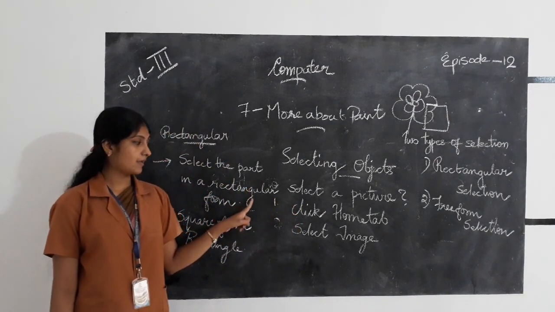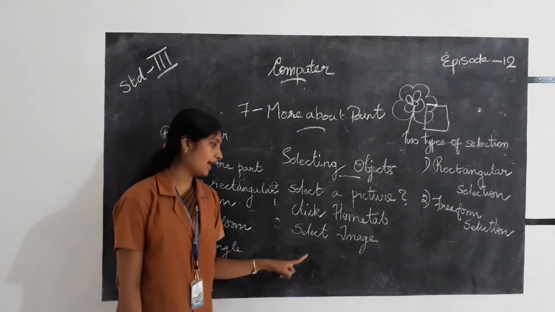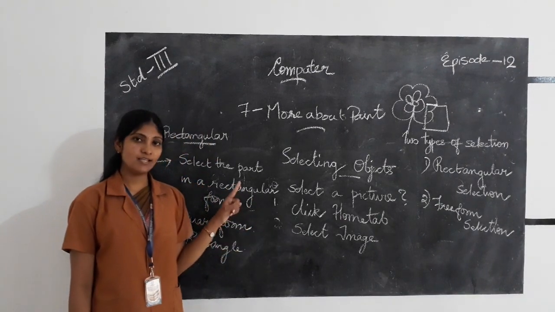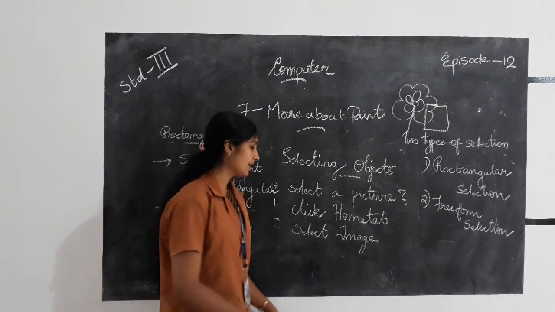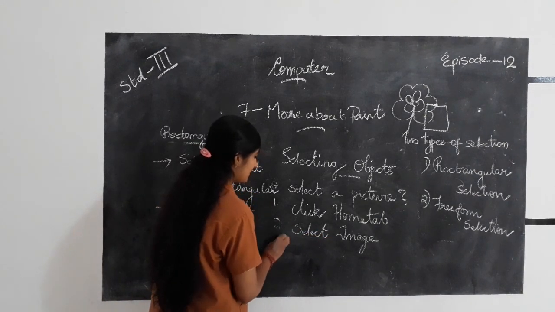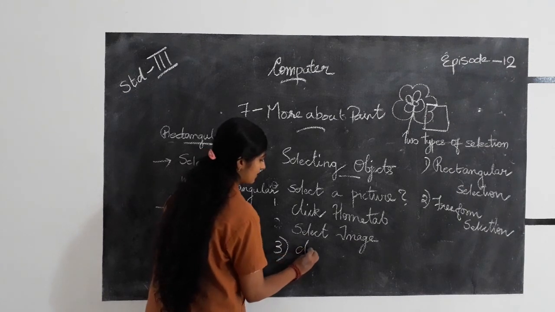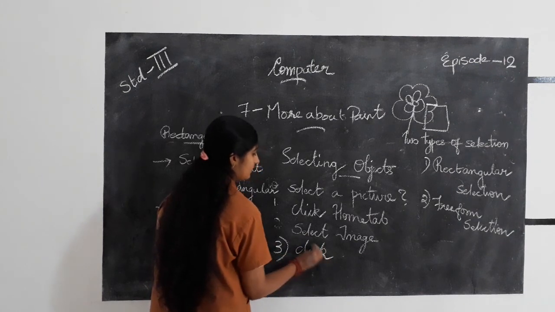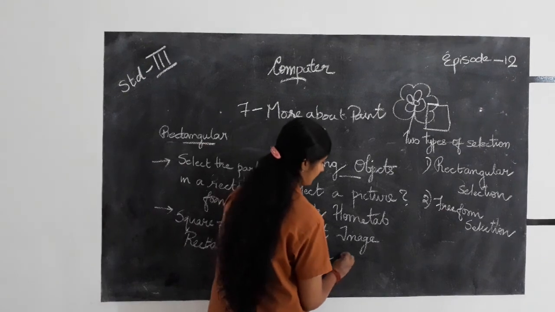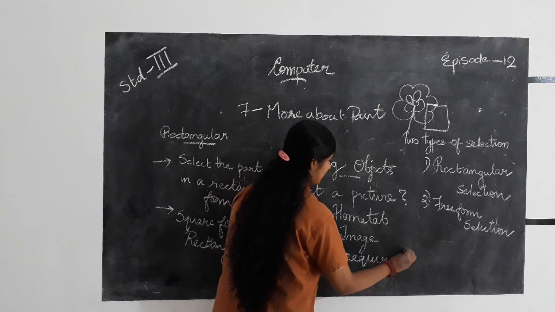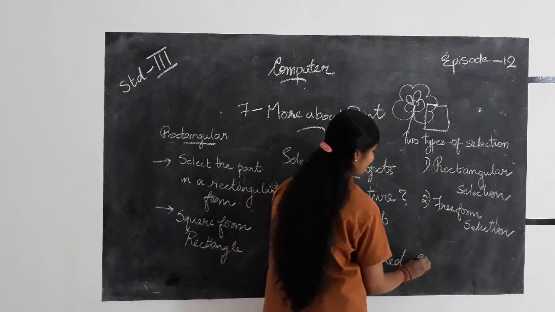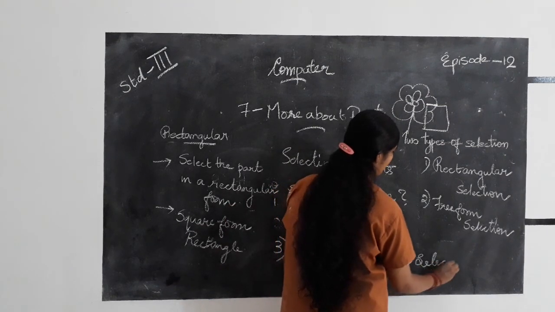First, click the Home tab. Under the Home tab there is an option named Image, so select the Image option. Third step, click Rectangular Selection.